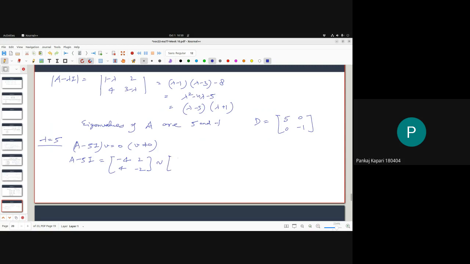Divide the first row by 2, you have minus 2, 1. Divide the second row by minus 2, we have again minus 2, 1, and then subtracting these two rows, you get 0, 0. So there is one pivot column and one free variable. Let's write our eigenvector as x1, x2. That means twice x1 plus x2 must be 0.